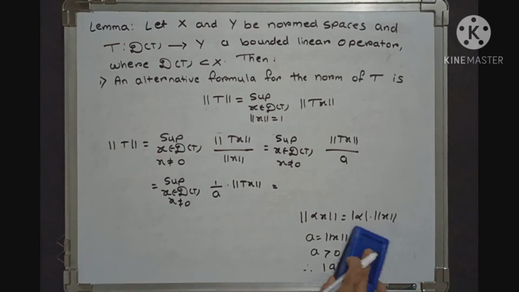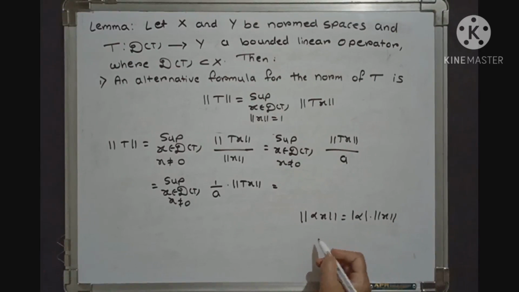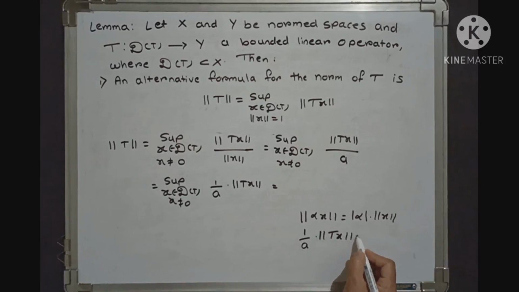Therefore 1 by a times the norm of Tx is written as the norm of 1 by a times Tx.